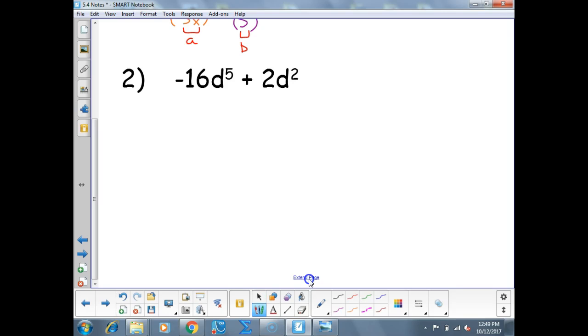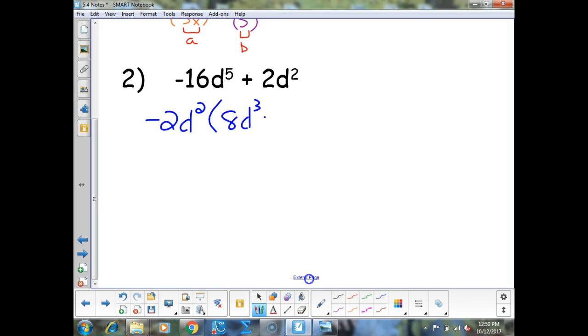What are you going to factor out? 2d squared. Can I factor out a negative 2d squared? Sure. So what's left over then? 8d cubed minus 1.